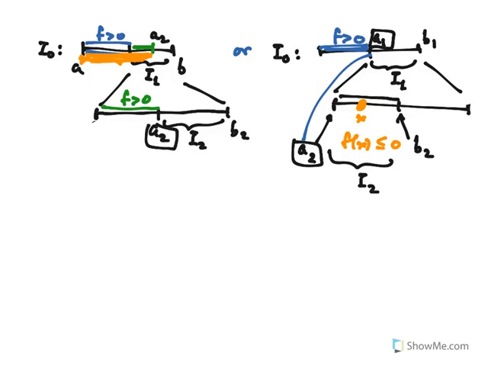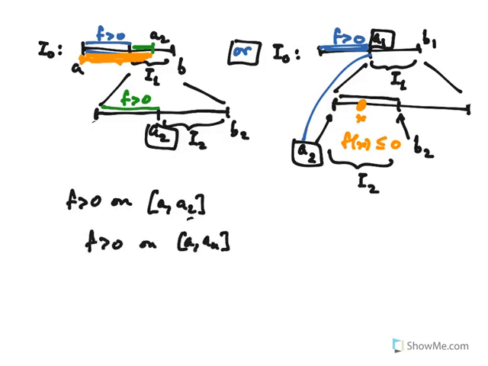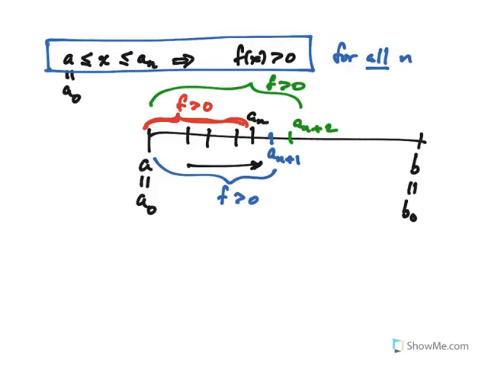So from a to a2. And there's nothing special about 2. Since one or the other must happen, we just proved that from a to a sub 2, in either case, the function is strictly positive. You can run the same argument, loop it over and over. And so the function is positive on the interval from a to a sub n for any n. And that's exactly what we're claiming here.